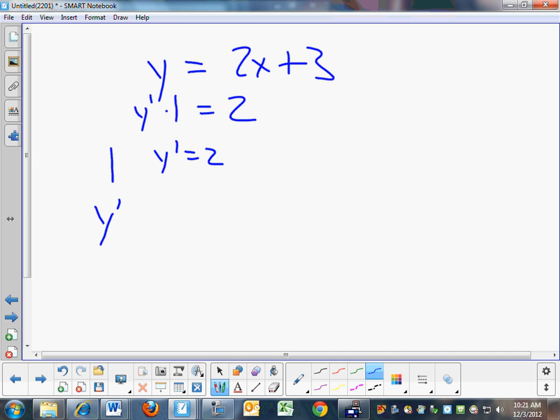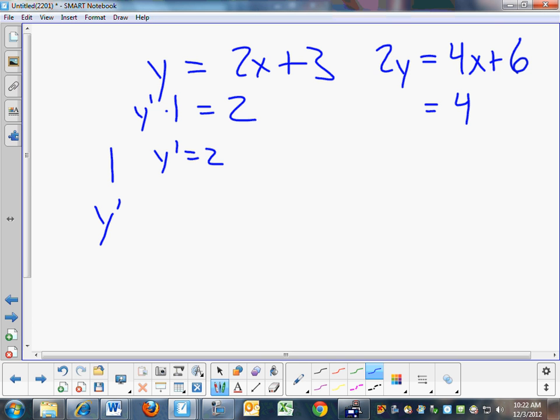I'm just going to switch this to a very basic example. Watch. I'm going to take that equation and multiply through by 2, and I'm going to get 2y is equal to 4x plus 6. What's the derivative of 6? 0. What's the derivative of 4x?